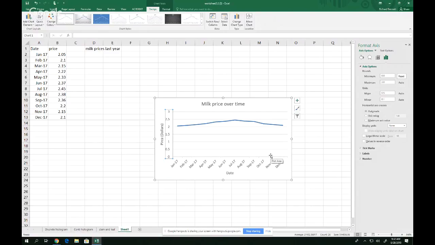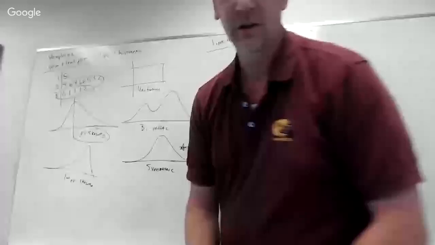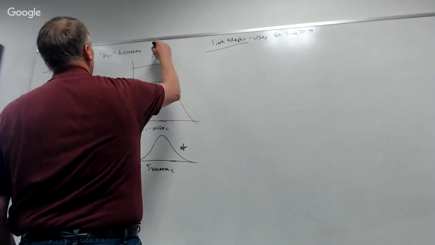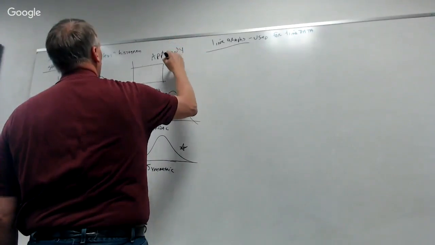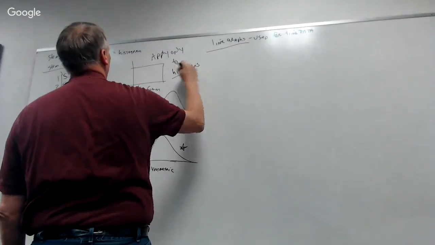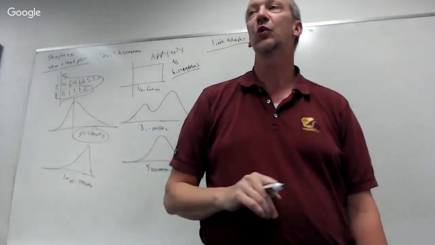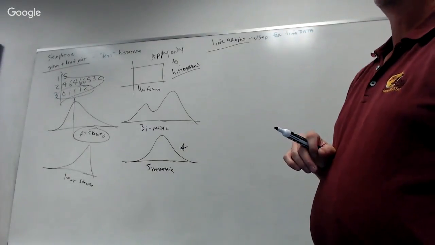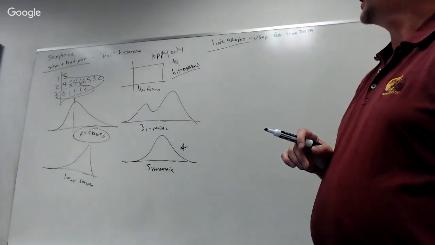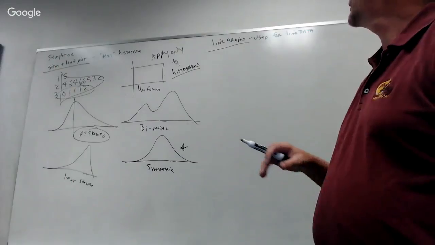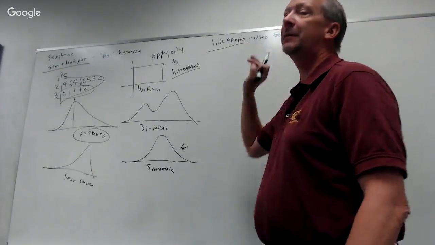All of these things that I've written on the board apply only to histograms. So don't call your line graph skewed. I think they do talk about an ogive in there. Nobody talks about ogives. An ogive is basically a line graph for a histogram. We'll never use that. But line graphs should typically be used for this.